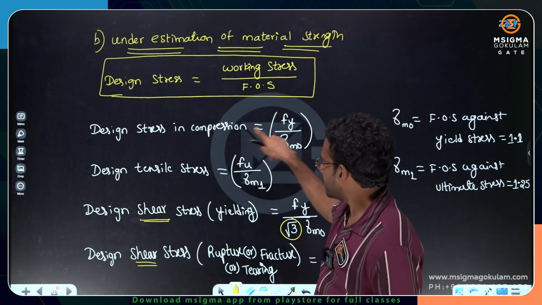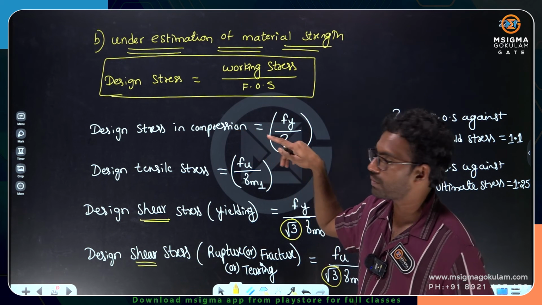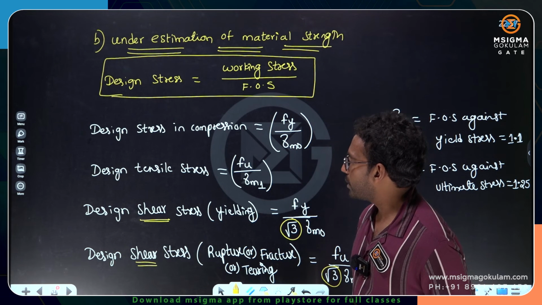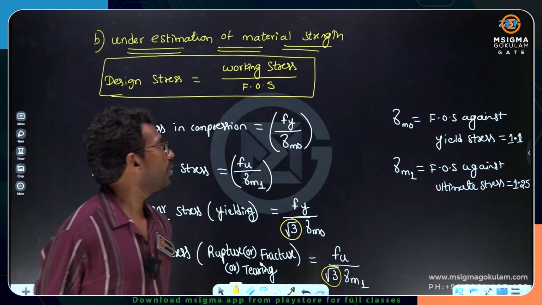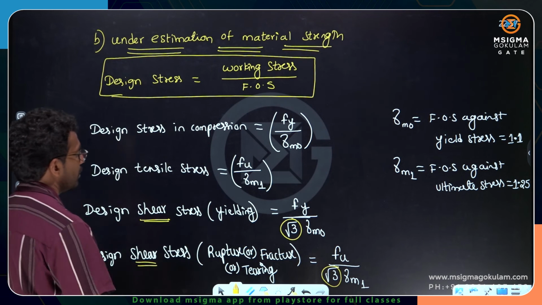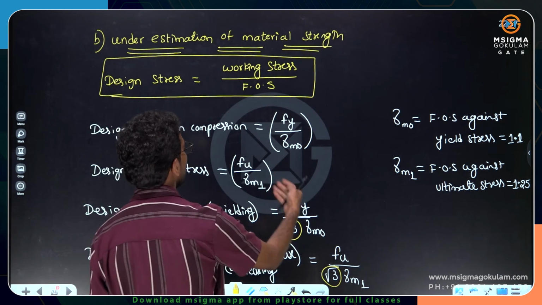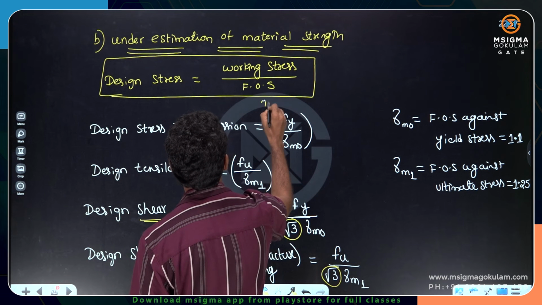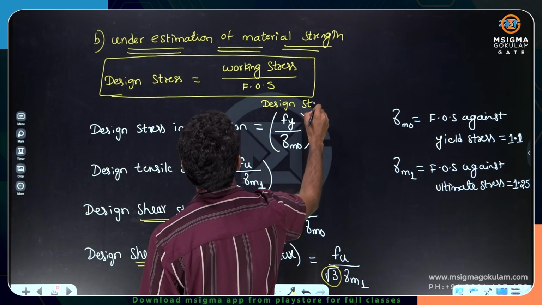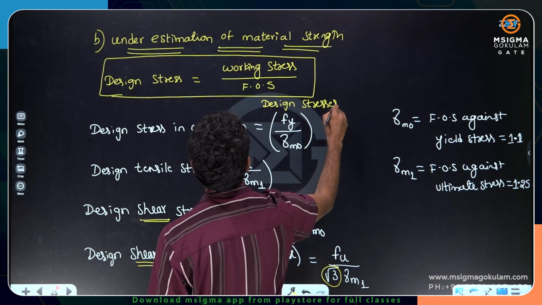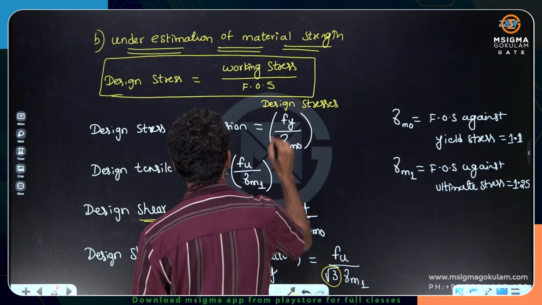Whatever you are taking for compression, the same thing will come for a beam also. I hope you understand this. Next, once you know how to find these, these are all the design stresses. When there is a factor of safety in the denominator, all these things are the design stresses. I hope it is clear to every one of you.